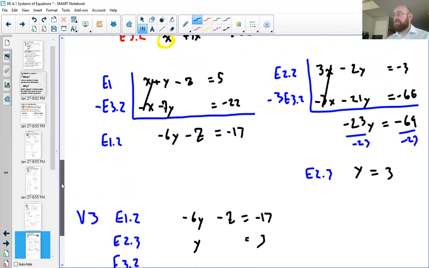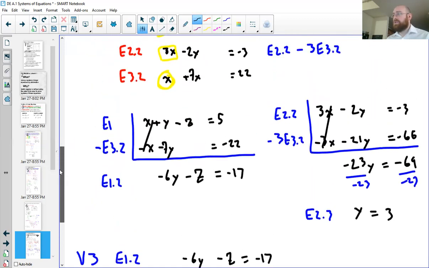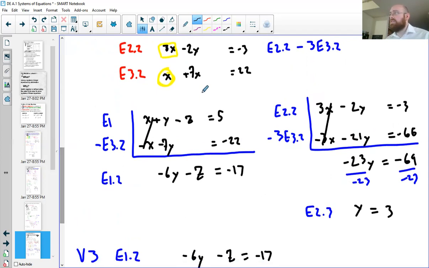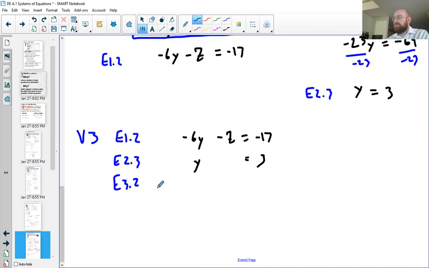And finally, equation 3.2 is x plus 7y. Okay, this looks very much like a y or an x. It should have looked like a y. I apologize for that. So it's x plus 7y is equal to 22.